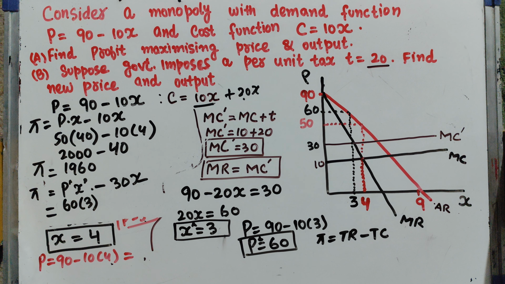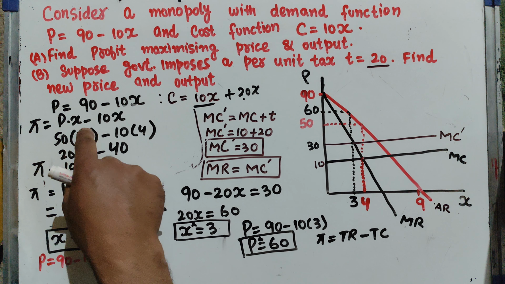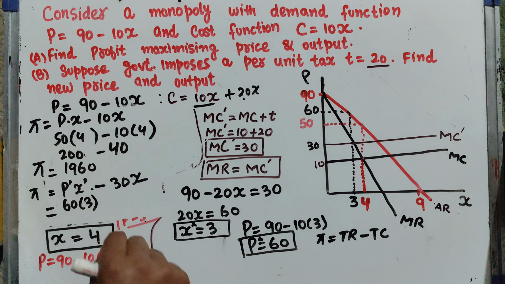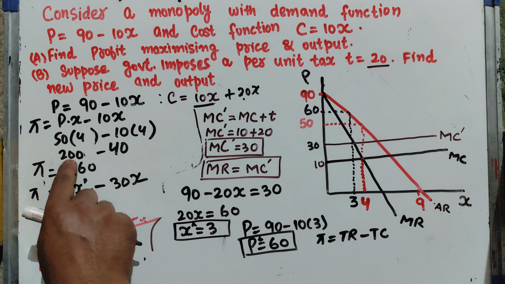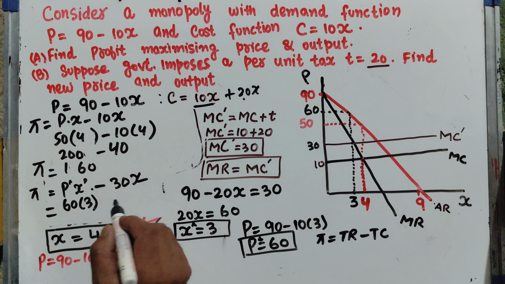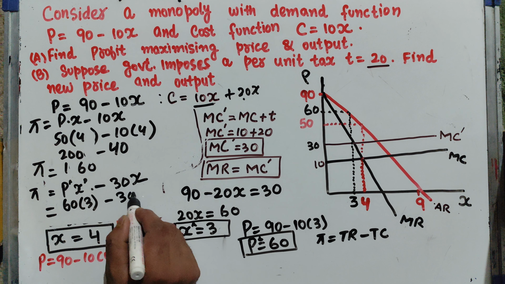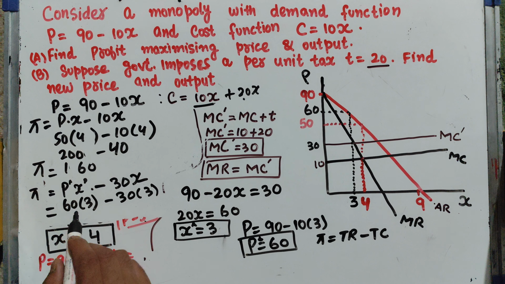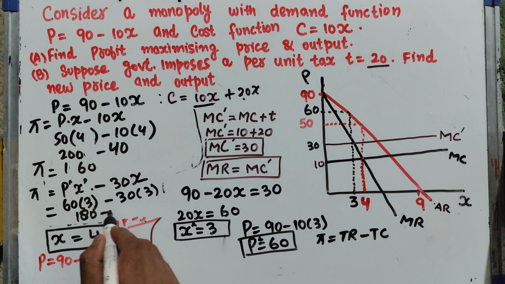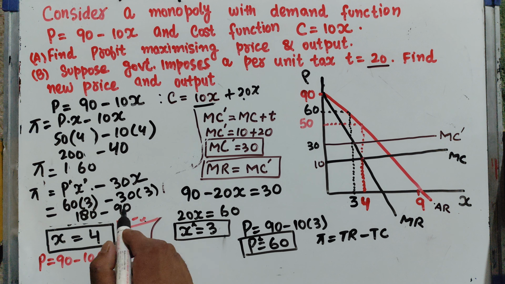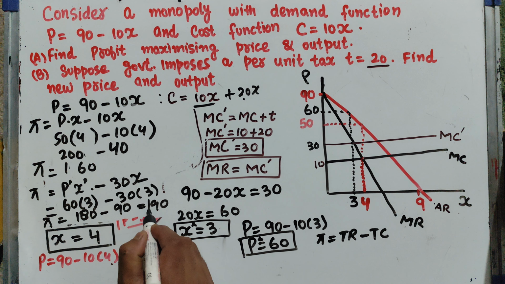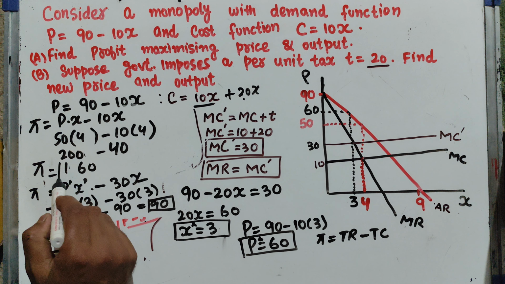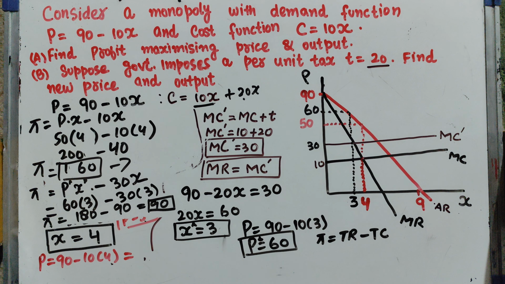I have made a big mistake here, so we have 50 into 4 here, which is 200, so we get 200 minus 40, which is equal to 160. Here we get 60 into 3, which is 180, minus 3 into 30, which is 90. So new profit will be equal to 90, and initial profit was 160. I hope I have done justification with the calculations.